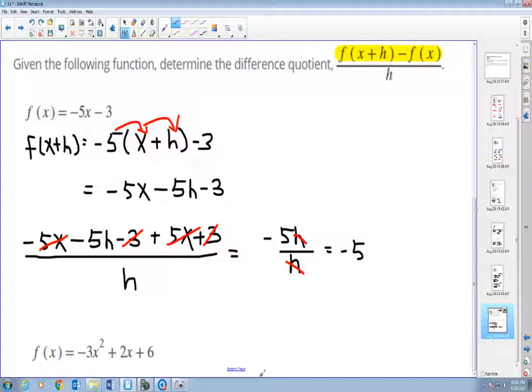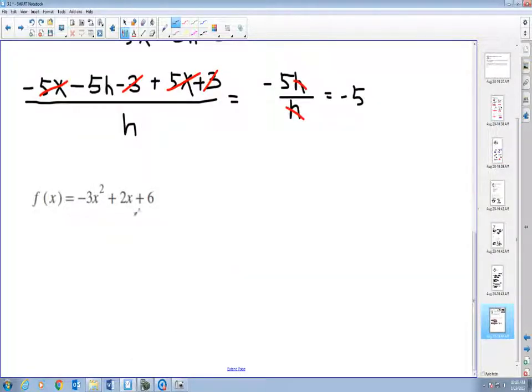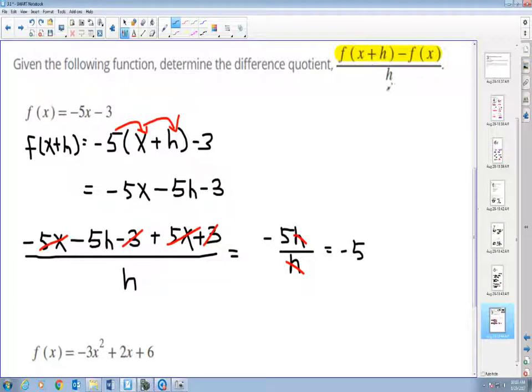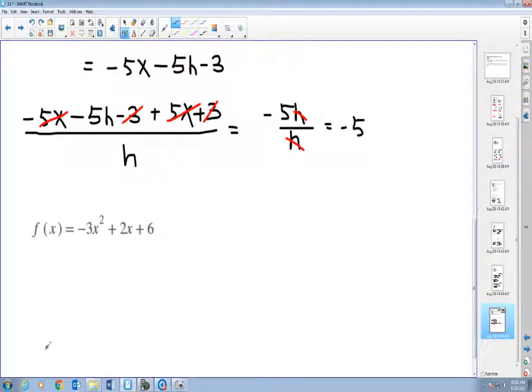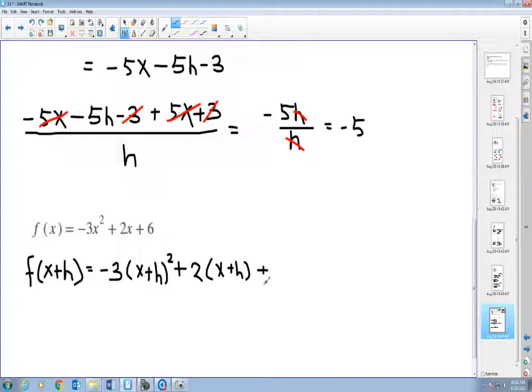Alright, so if we try a similar one with negative 3x squared plus 2x plus 6, still using the same formula, x plus h first. That would be negative 3 times x plus h squared plus 2 times x plus h plus 6.